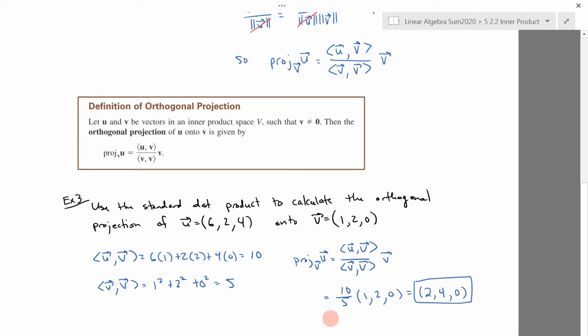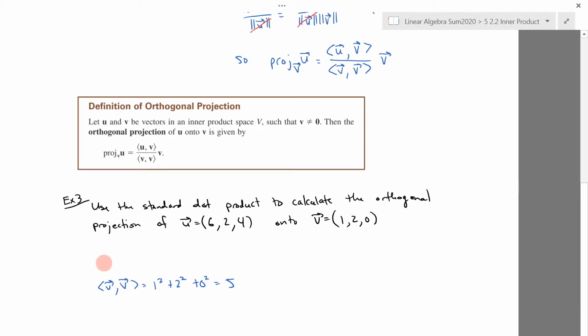Okay, so in this example, we're asked to calculate, using the standard dot product, the orthogonal projection of this vector u onto v. So we just apply this formula. The inner product is just the dot product, so u dot v is equal to 6 times 1 plus 2 times 2 plus 4 times 0.